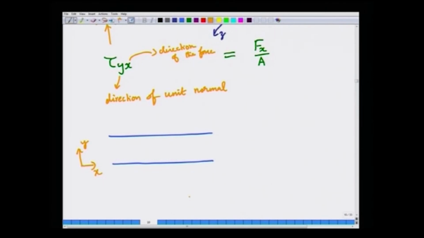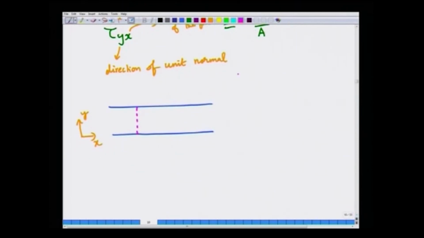So, in the unstressed state, suppose you are marking a line in the solid. This is the unstressed state before applying stress.